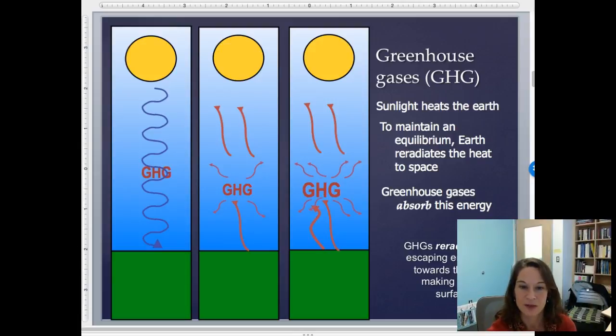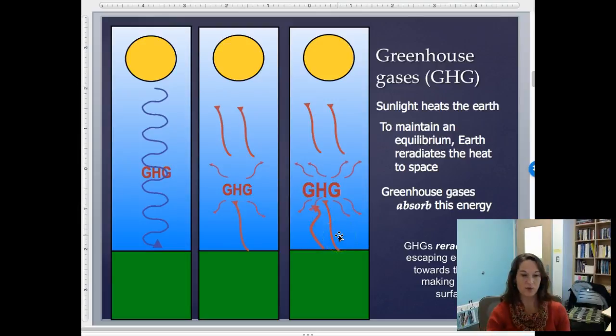The greenhouse gases in our atmosphere here are basically absorbing that heat. So sunlight coming in hits the surface of the Earth as light, re-reflected as heat. The greenhouse gases absorb some of that heat and then re-reflect it back out to the surface of the Earth.